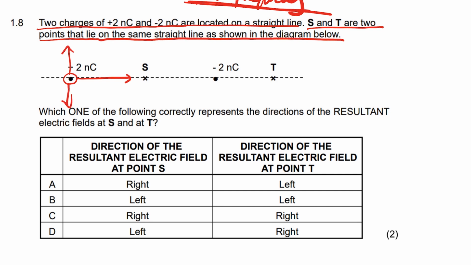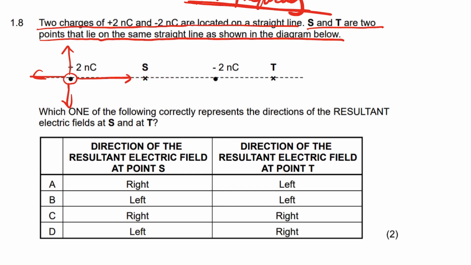But we're going to focus on the electric field that is in the same plane with S. So this electric field line will push point S to the right.